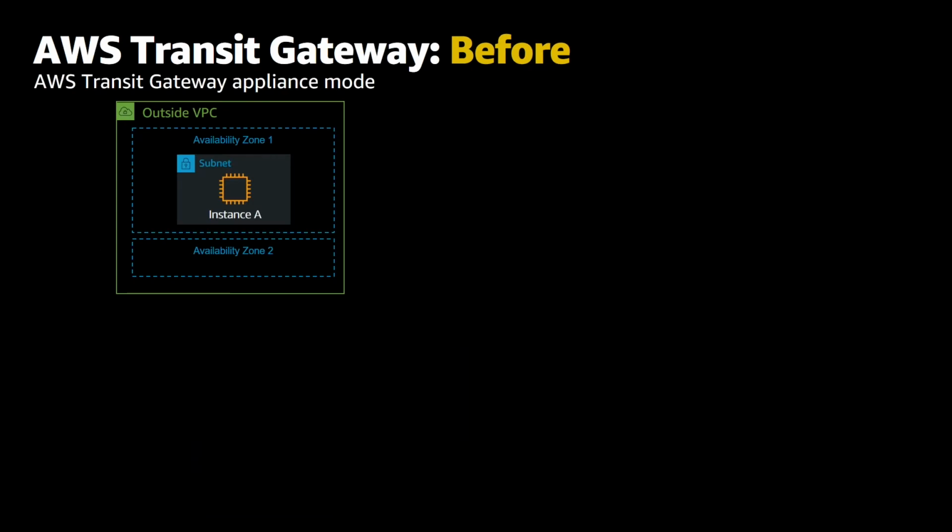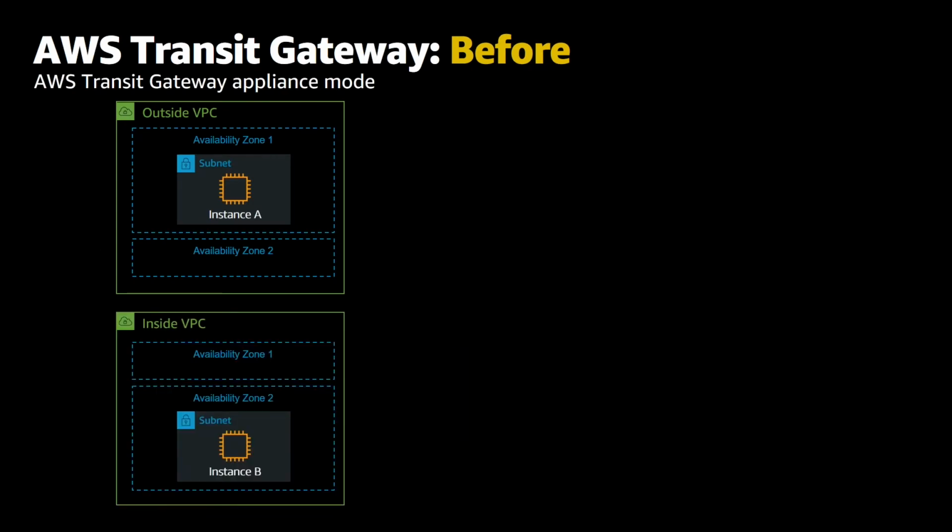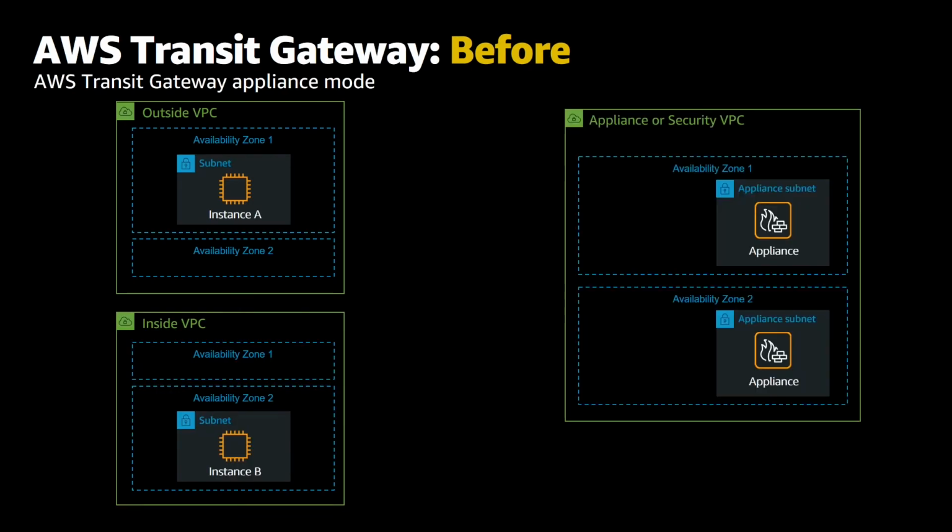More on transit gateway: let's say you have an outside VPC and an inside VPC and a security VPC, with instances on the outside and the inside one. These two instances want to talk to each other because there's an application talking to each other right there. And then on the security VPC, you have a couple of appliances.